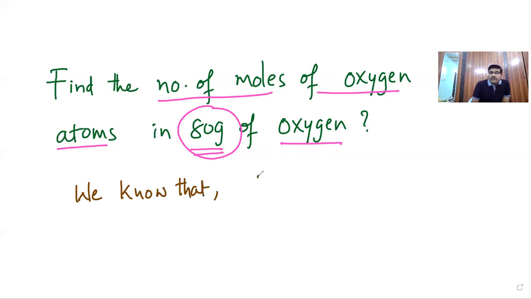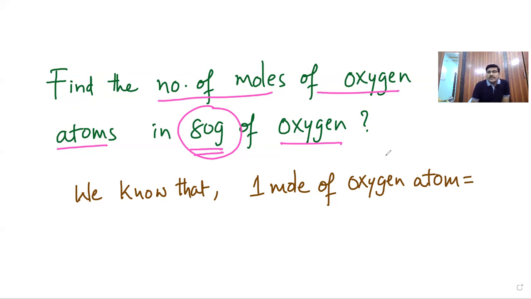1 mole of oxygen atom. That means the atomic mass of 1 mole of oxygen. How much? Earlier we have calculated 16 grams. 1 mole of oxygen atom, here, 16 grams.